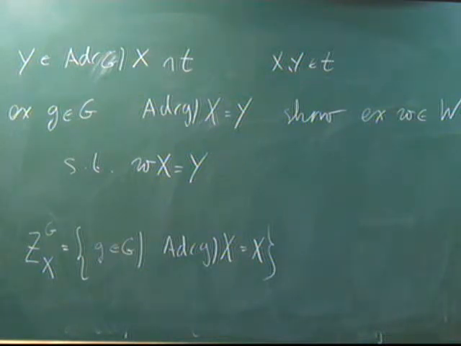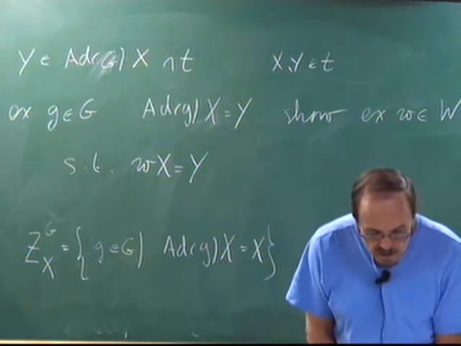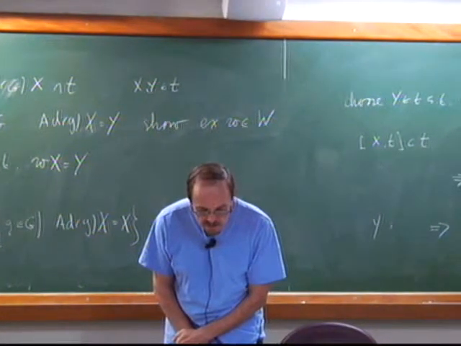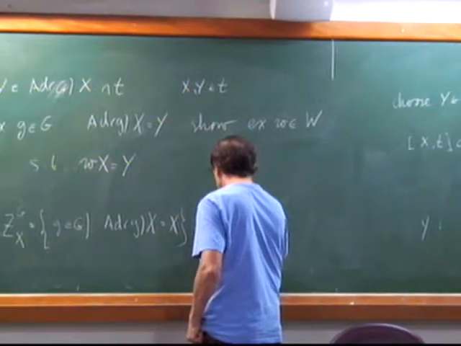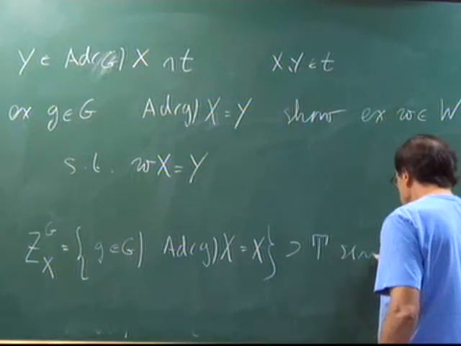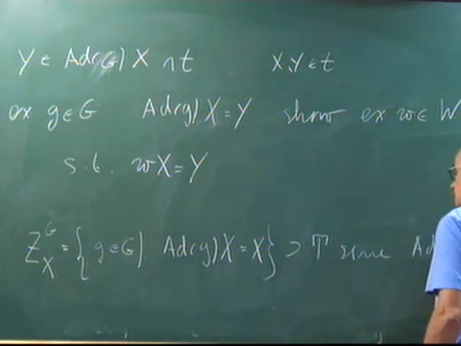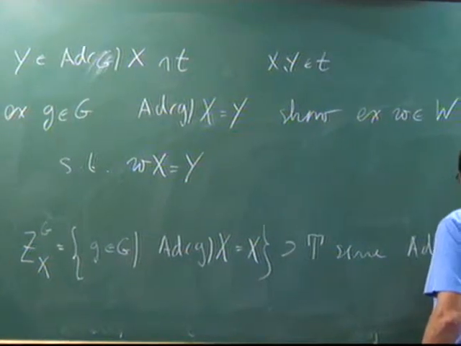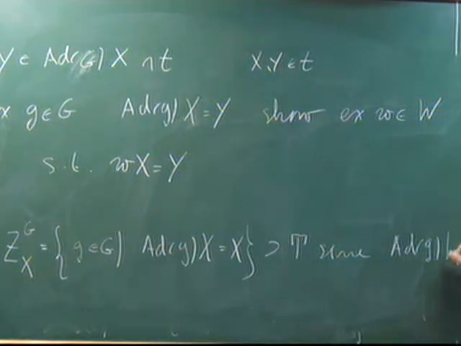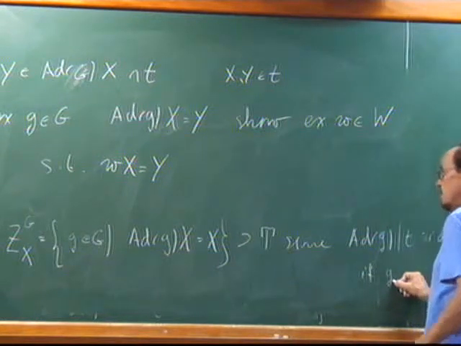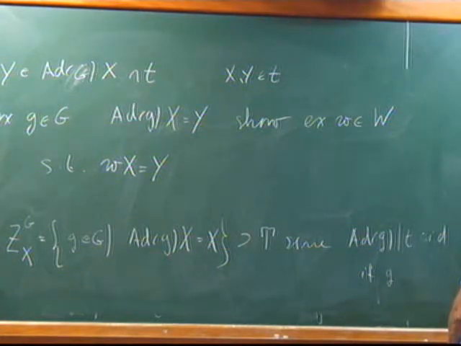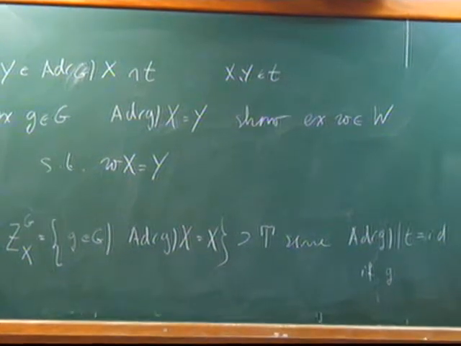So I claim what sits in there. This certainly contains the maximal torus. What do we know about g?